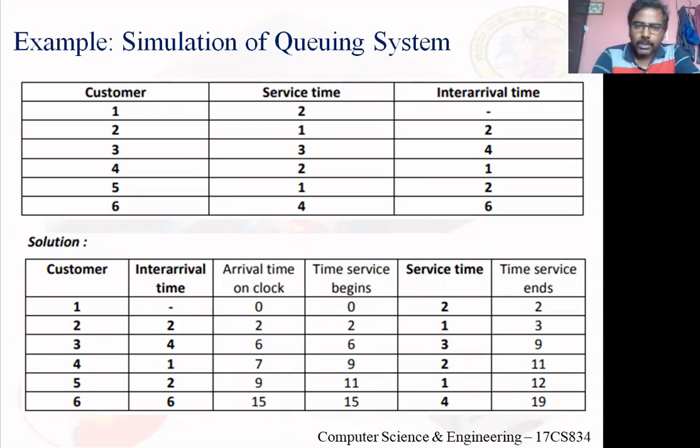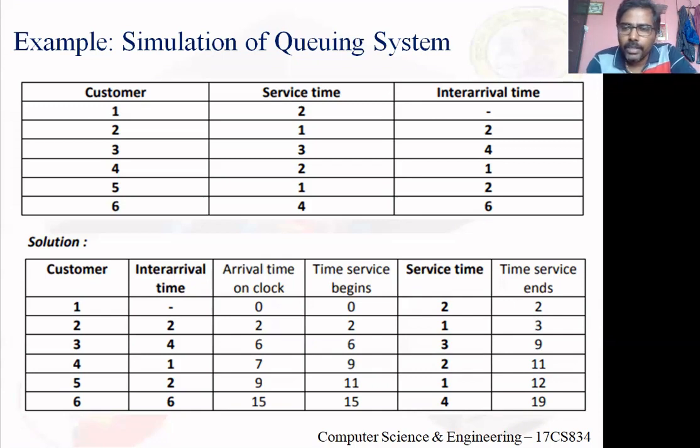The third entry is 4, right? What is that 4? It is the time gap between the second arrival and the third arrival. When did the second arrival occur? At time 2. So the third arrival will occur 4 minutes after the second arrival, that is at time 6. Clear? Now look at the fourth entry, that is 1. Inter-arrival time 1 indicates a 1 minute gap between the third arrival and the fourth arrival.